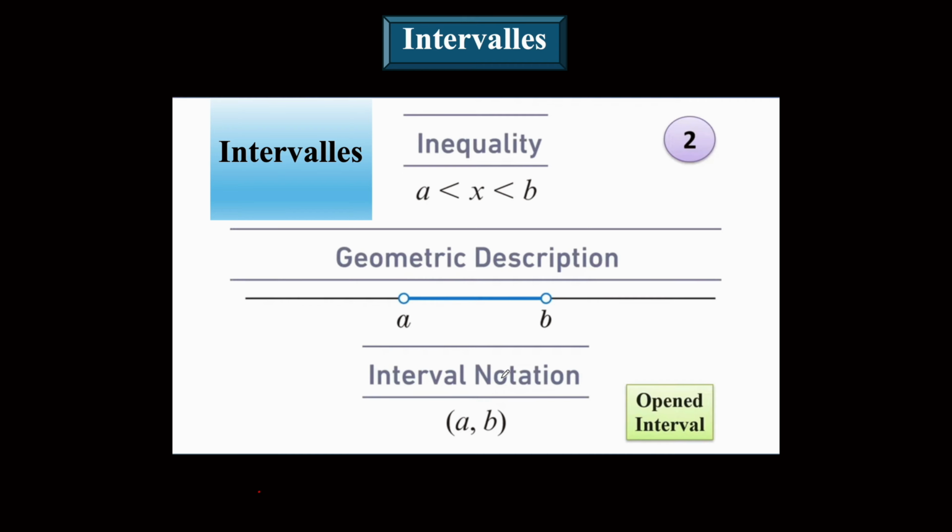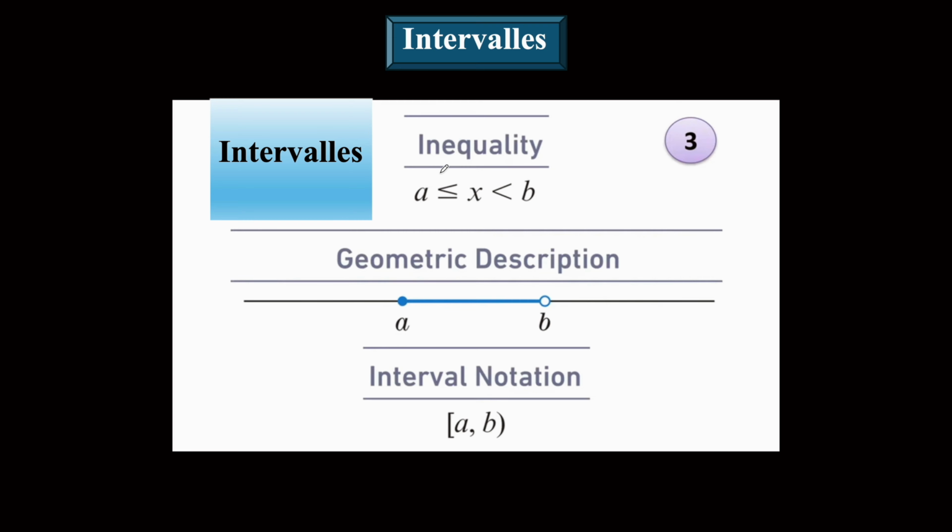Interval notation for that, we denote a as excluded by putting this type of parenthesis, or you can see it also like that with the square bracket reversed, a until b excluded. They are basically the same.